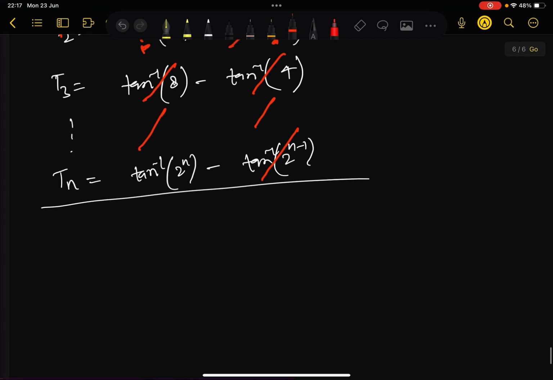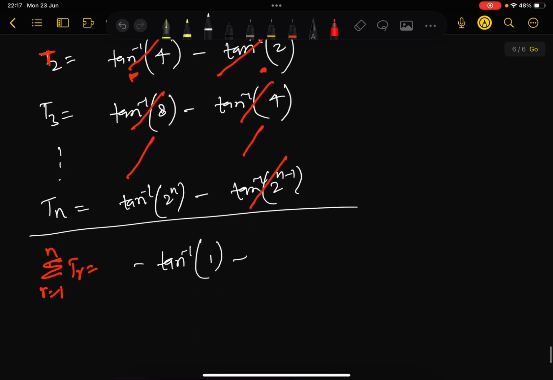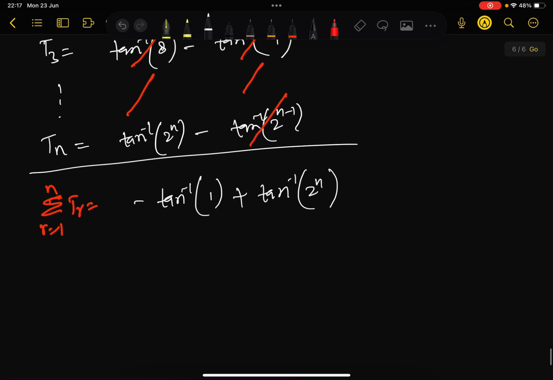So how much will we get at the end? The sum of all these terms, that is summation r equals 1 to n of Tr, is equal to minus tan inverse 1, right, and plus tan inverse 2 raised to n, right? So tan inverse 1 is pi by 4, so minus pi by 4, right?